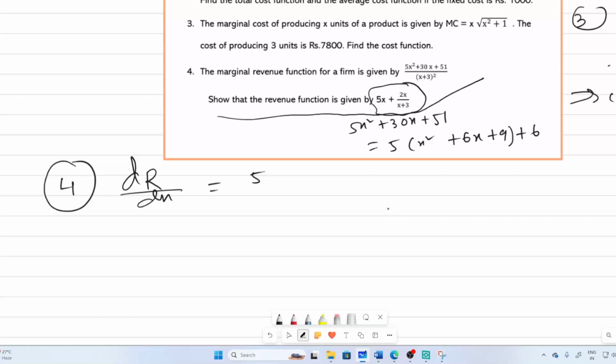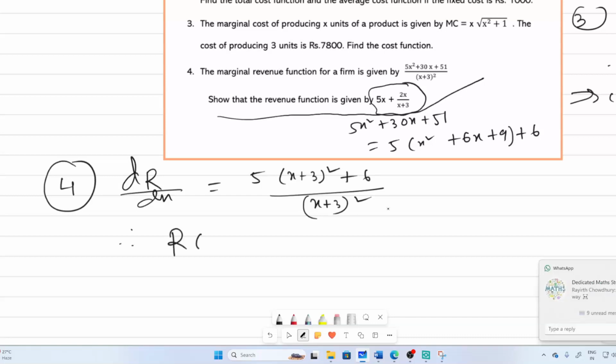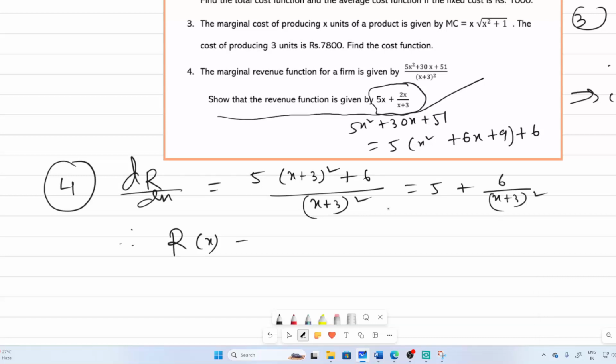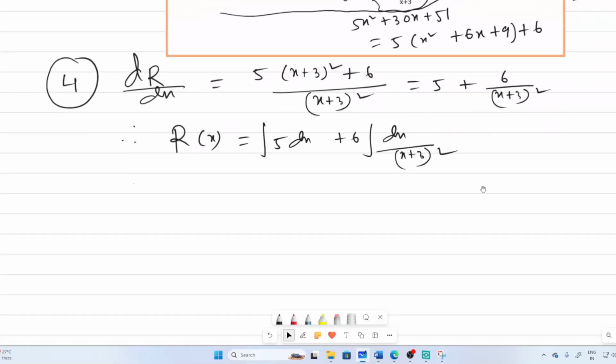So this integrand, I mean dr by dx, you write in this form first: 5 times x plus 3 whole square plus 6, by x plus 3 whole square. So when you separate it, R(x) will be 5 plus 6 by x plus 3 whole square. So R(x) is the integration of this thing, dx by x plus 3 whole square.